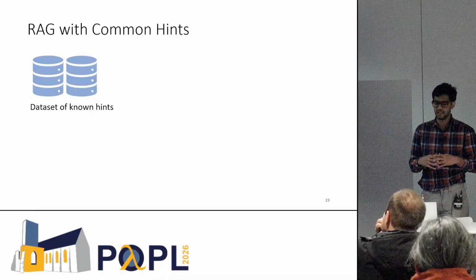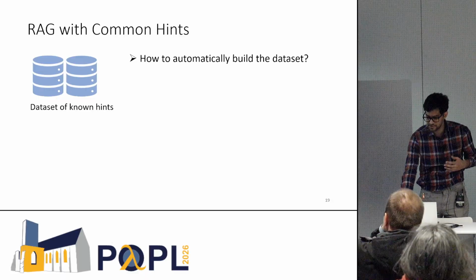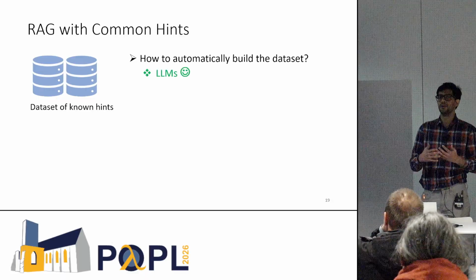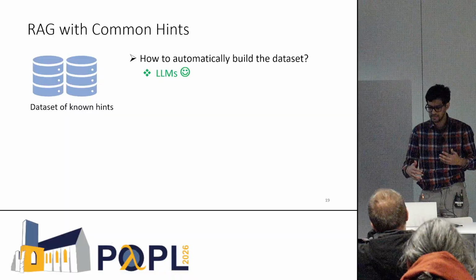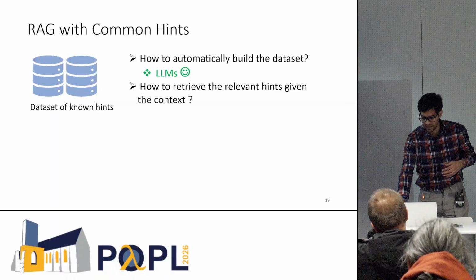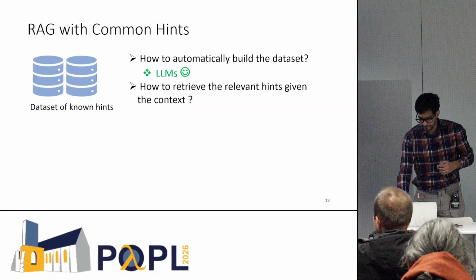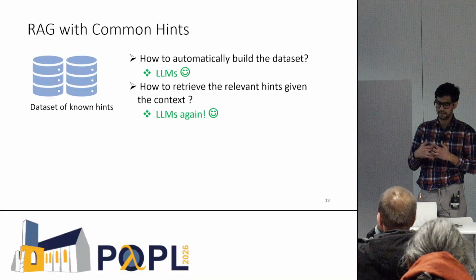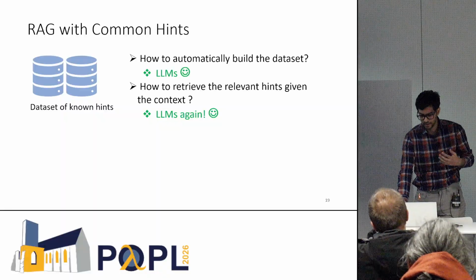Now the question is how we actually retrieve these hints. We can use an LLM itself, which, given the context of all the failed attempts and the error messages, retrieves relevant hints from the data set. And the second question is how we can build this set of hints automatically.